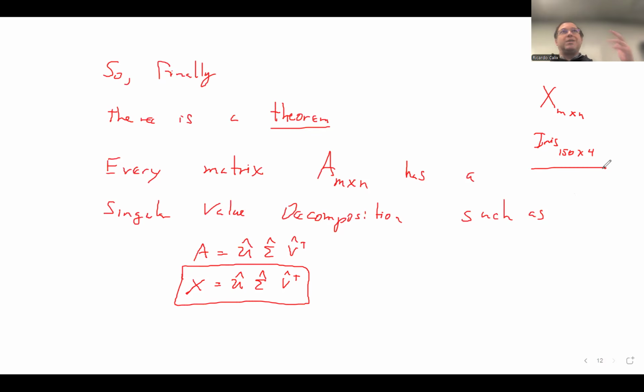But from there, we can do other things with that information. That's the key thing, and we will see that in the next lecture. Today, my point was just to get to here and to show you this relationship. Because X is M by N, and the theorem says that every matrix M by N has a singular value decomposition, therefore we can, in fact, decompose X into these three.